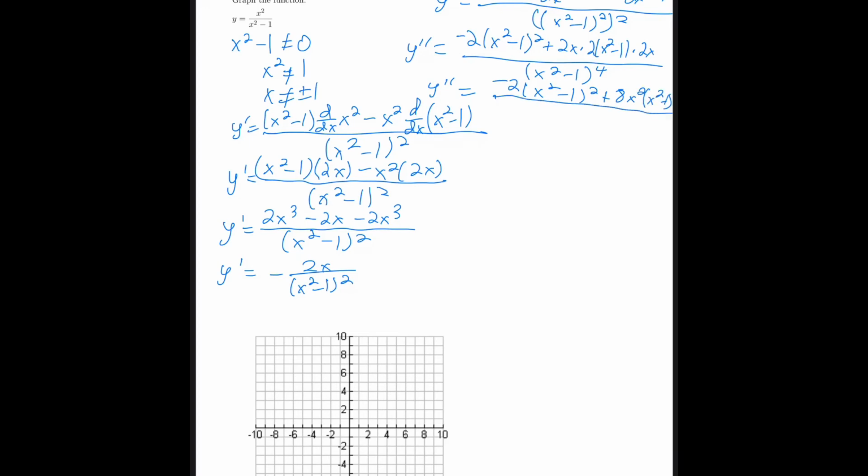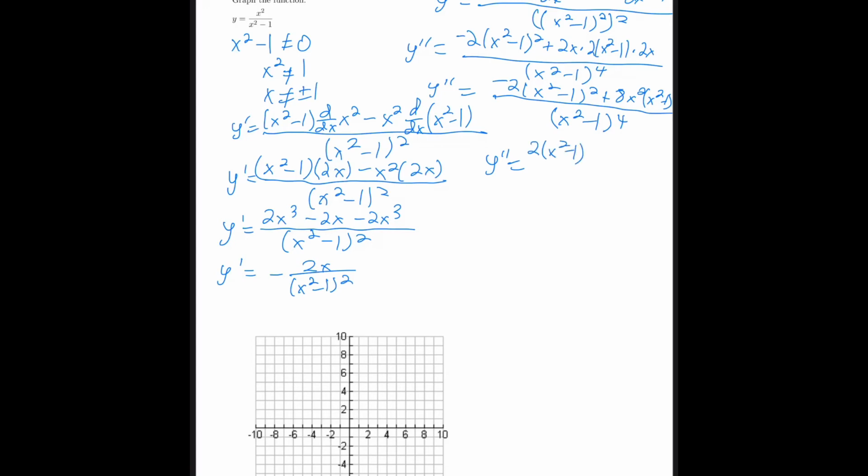So y double prime equals negative 2 times x squared minus 1 squared plus 8x squared times x squared minus 1, all over x squared minus 1 to the 4th.